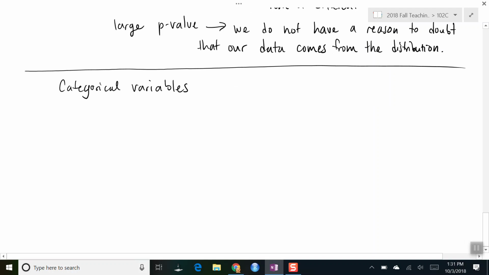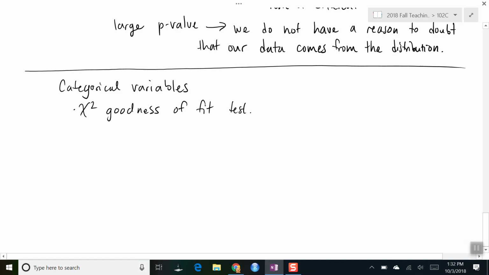Is there a test that we can use? Yeah, I heard the chi-squared goodness of fit test, right? Because we want to see how good is the fit between our data and these theoretic probabilities.